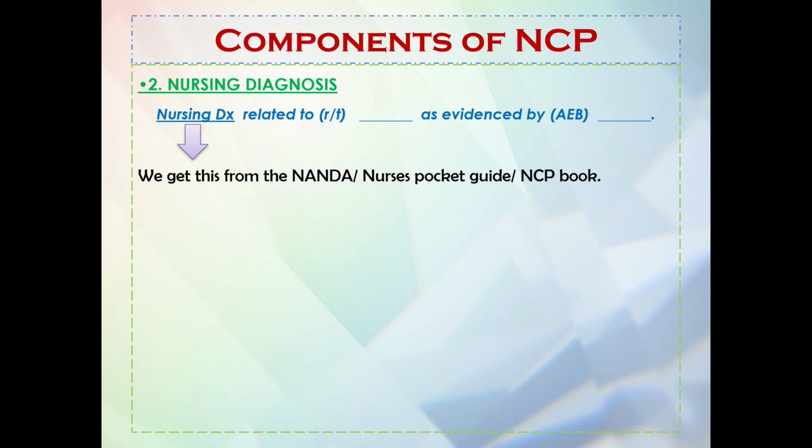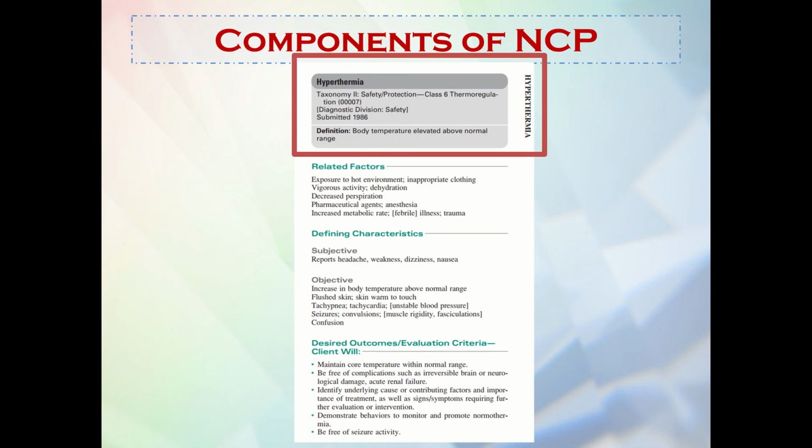You have to refer to that book, the reference that you have. Now, in this example, you will see it at the very top, and in this case, we have hyperthermia. So this is a nursing diagnosis.